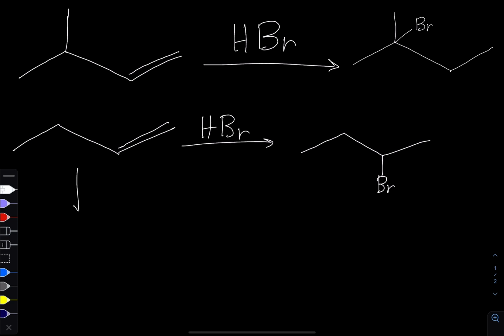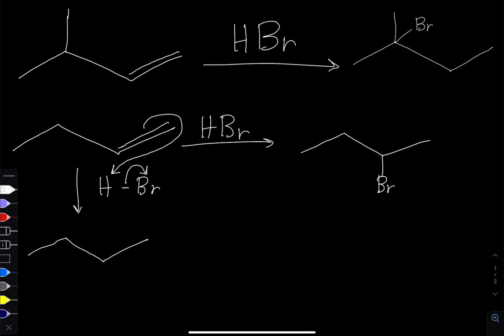So the first step is that the pi bond electrons would act as the nucleophile and try to attack this hydrogen and take it away. So then the electrons that are between the bond of the HBr would just go away, do the bromine, and the hydrogen would go on the less substituted carbon, would go on this carbon.